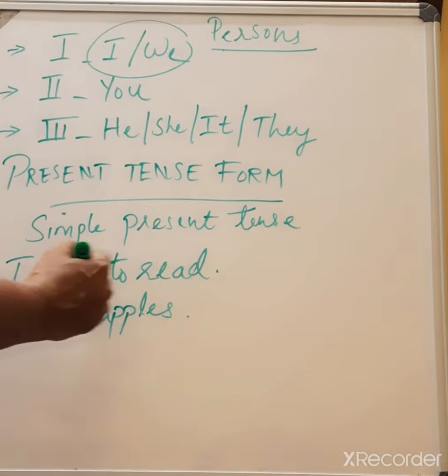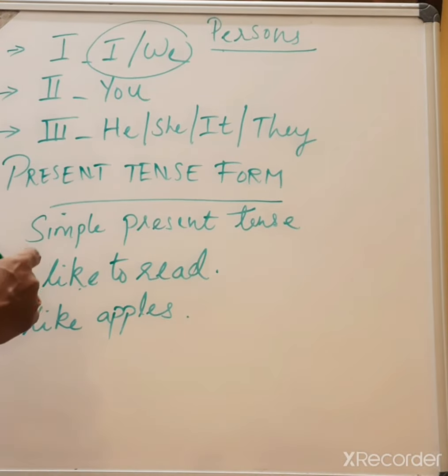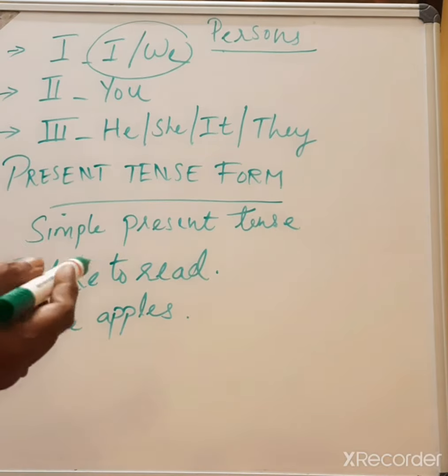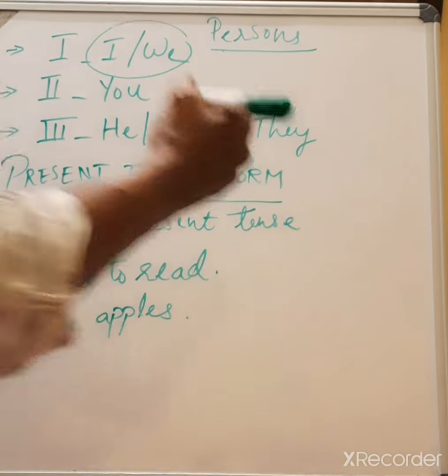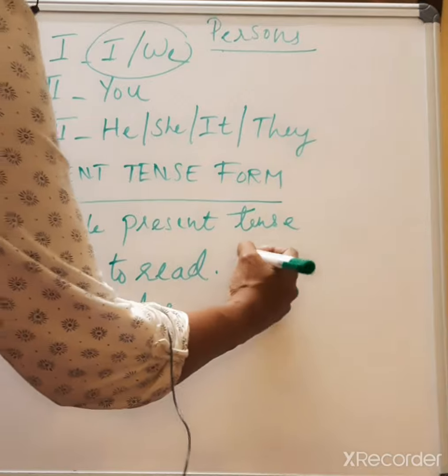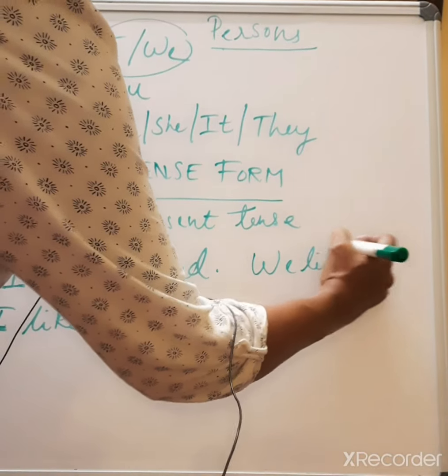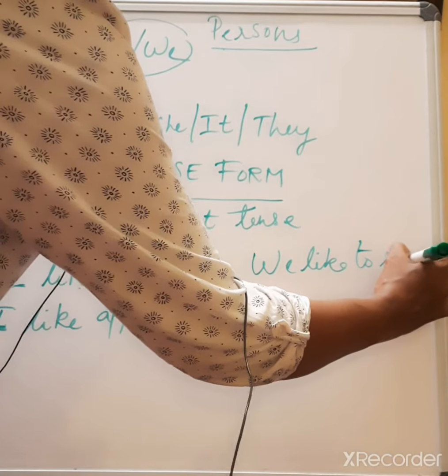Now look at two sentences that I have written out here. I like to read. I like apples. Now I'll write two sentences with we. We can use similar sentences. We like to read.